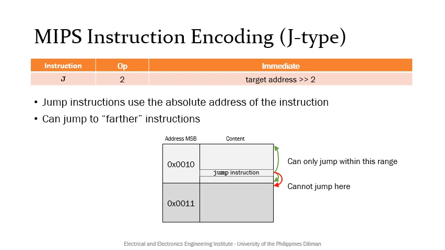However, it cannot jump to any address where the first 4 bits are different, even if it is near to the original address. If the compiler sees a case such as this, it can replace the jump with a combination of branch and jump instructions.